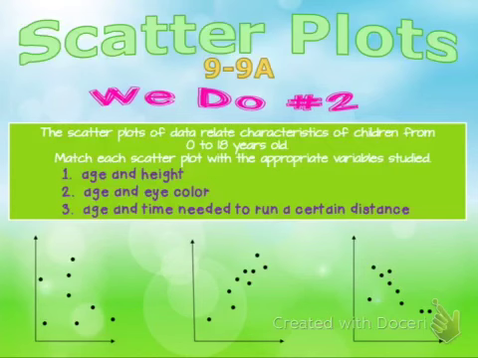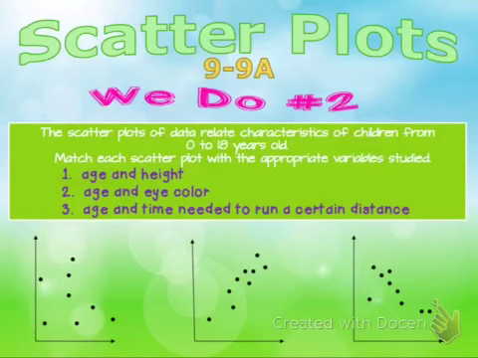So for number 1, we're comparing the age of a person and their height. So when their age is really young, is their height going to be really low, or is it going to be really high? And then as they get older and older and older, what happens to their height?